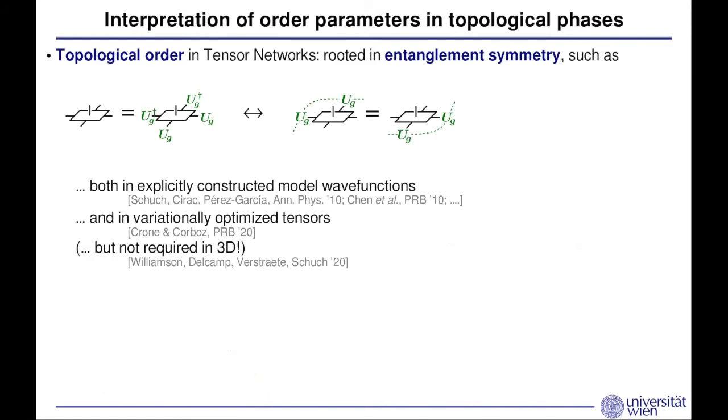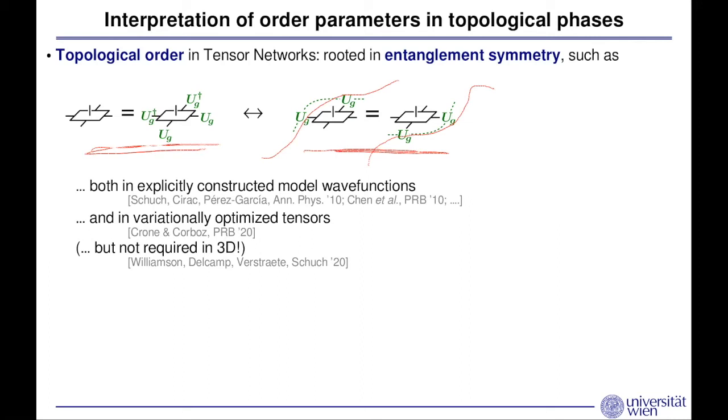Right, so topological order, as I said, is characterized by having some symmetry which is purely on the entanglement level. And if I move half of the symmetry operators to the other side, I get this equation here. And this is really telling us that if I have a string of these operators, I can move it through the tensor from one side to the other.